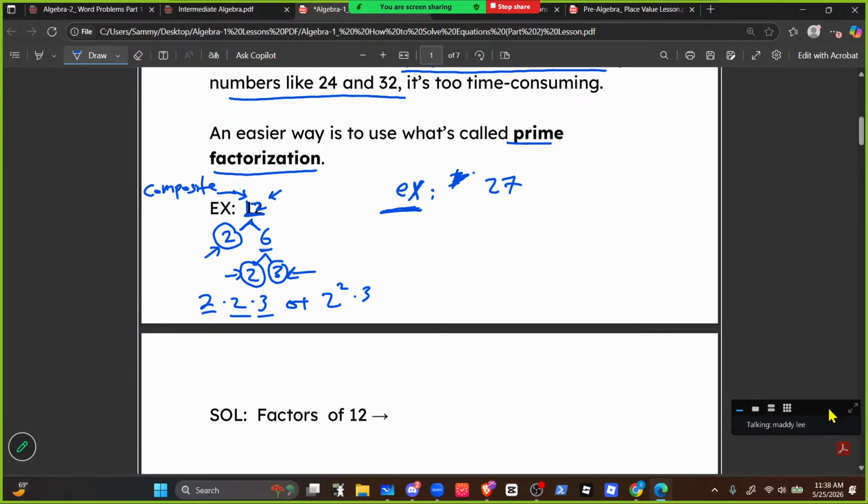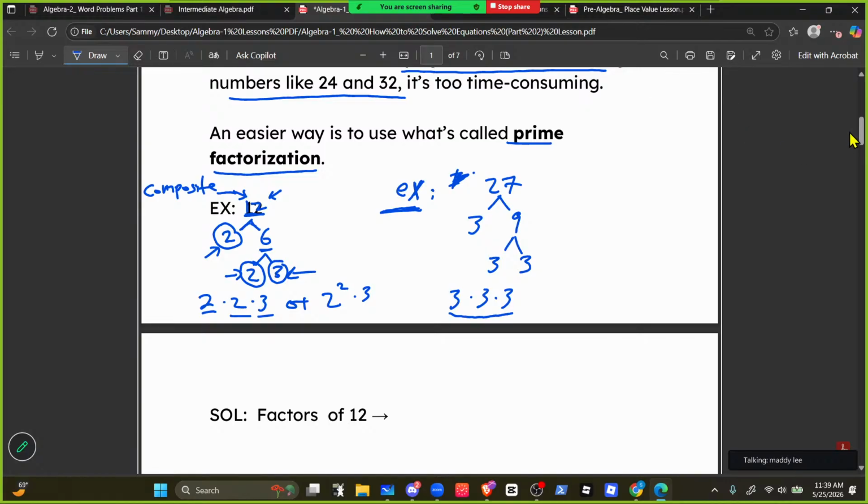I'm done. Okay, so in this case, what I would do is start off with 3. 3 goes into 27 9 times, and 9 is made up of 2 prime numbers, 3 and 3. So in this case, it would be 3 times 3 times 3. Is that what you got? Yeah. Okay, good.